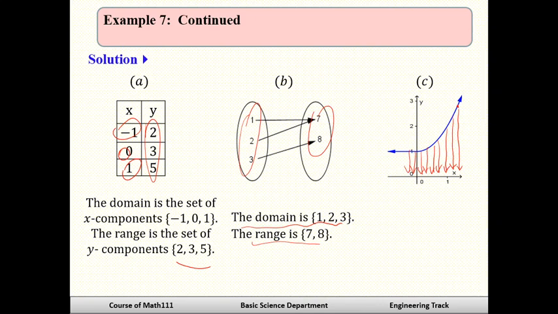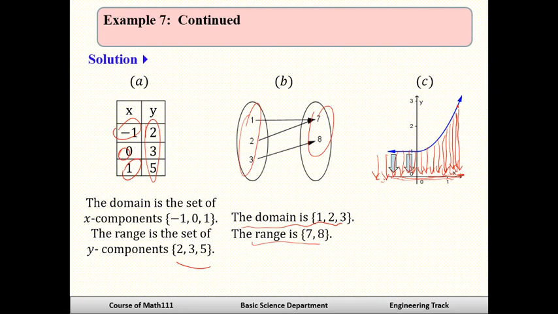How many x components do you see here? All the values on the x-axis are the x components of the points here. They are matched by a y value. So they are the domain. So these are all accepted values of the function.